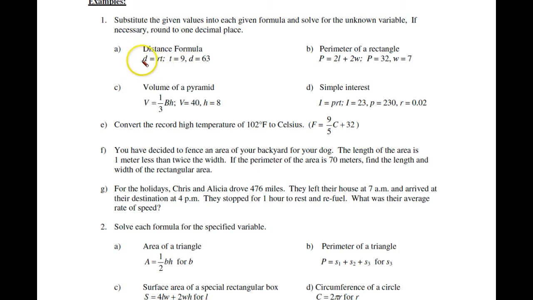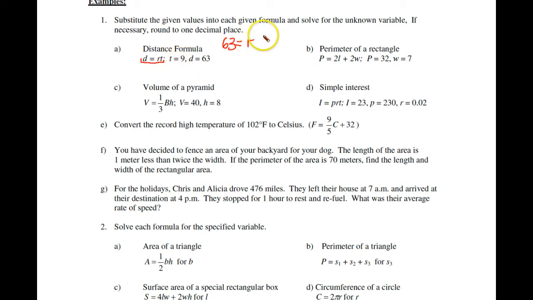Now, one of the very common formulas we're going to use a lot is the distance formula, which is this right here. Distance equals rate times time. So we have distance is going to be 63. That's the D. Time is 9. What we don't know is the rate.